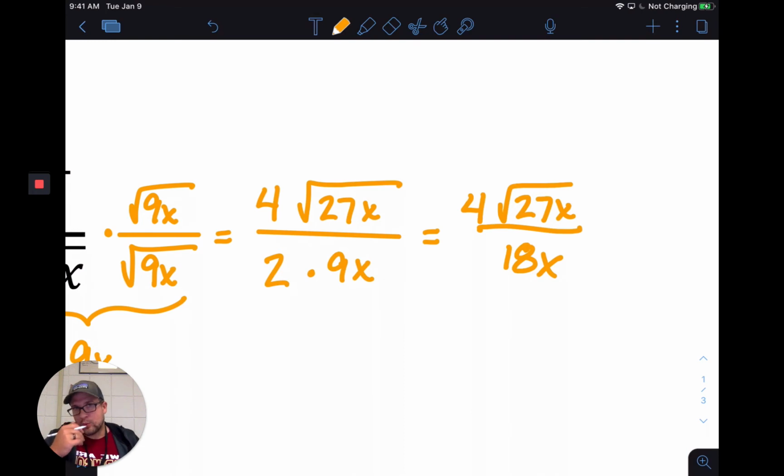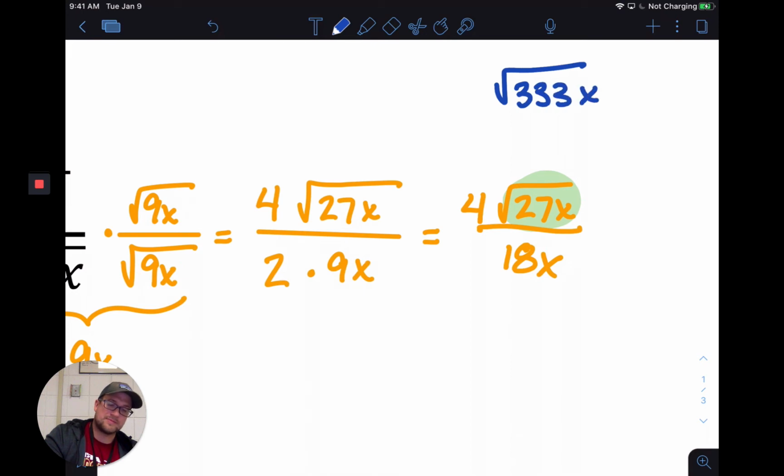Now, we still should go through and simplify if at all possible. This square root can definitely get a little simpler. If I look at the square root of 27 and do my prime factorization tree, that would just be 3 times 3 times 3 times x. We can pull out a pair of 3's. So if I pull a 3 out of there, I'll be left with a 12 on the outside because I already had that 4. 4 times 3 gives us a 12.